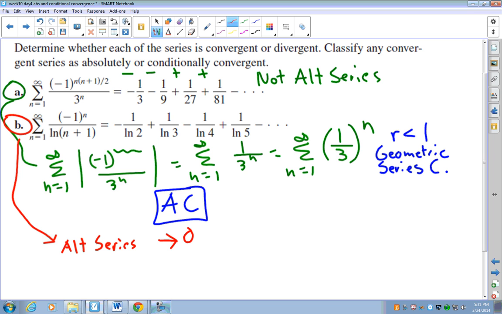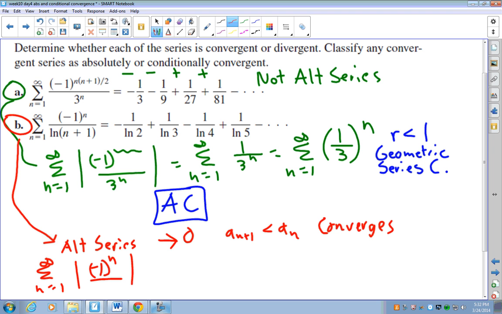The a sub n plus 1 term is always less than the a sub n term, so this converges. It's converging out of jail, so I know it's convergent. Now I'm curious about locking it up in jail, and I want to see what happens to this piece in jail, if it's still my friend or if it's not.